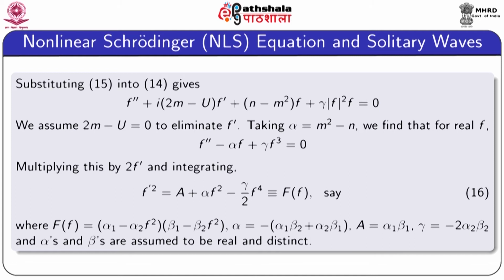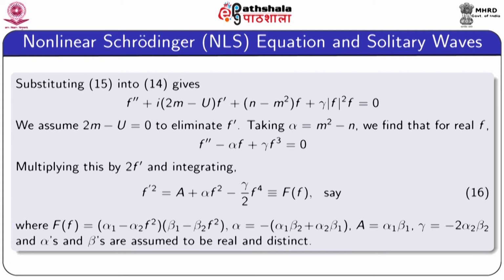Now, we want to integrate that equation, since we want to find the expression for small f. For that purpose we multiply the equation by 2 f dash and then integrate. After integration we get f dash square equals A plus alpha f square minus gamma by 2 f to the power 4, where capital A is the integrating constant.